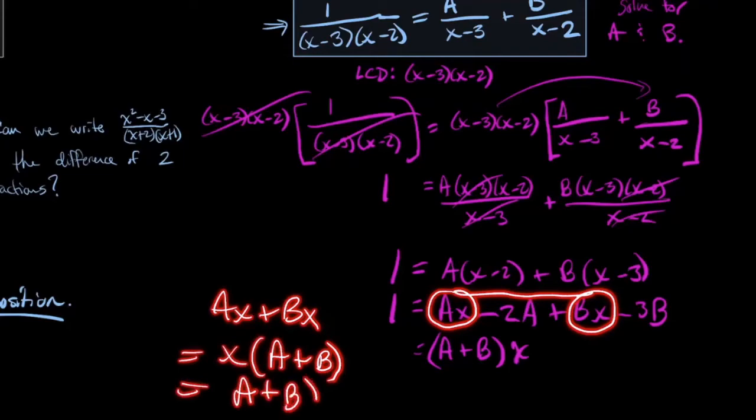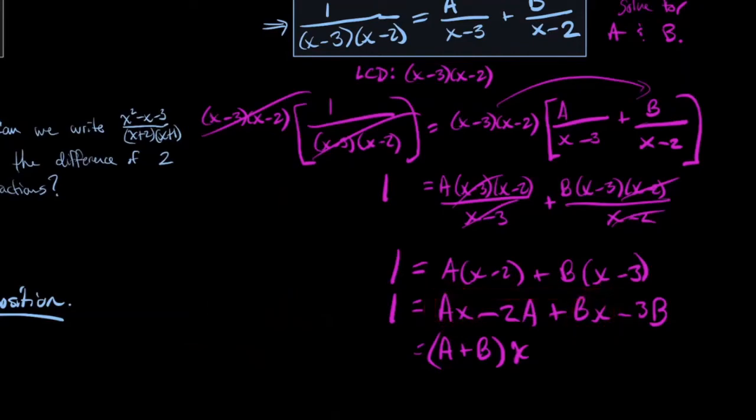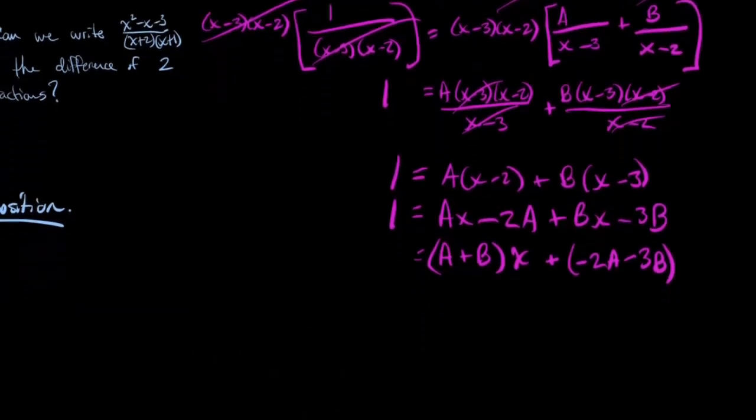So I can really write this as a plus b and just write the x on the right hand side. And I'm going to do that for a reason. And then what else do we have here? We have plus, and then we have that negative 2a and that negative 3b. So since they don't have any x attached to them, I'm going to put them together in parentheses. And that's equal to 1.